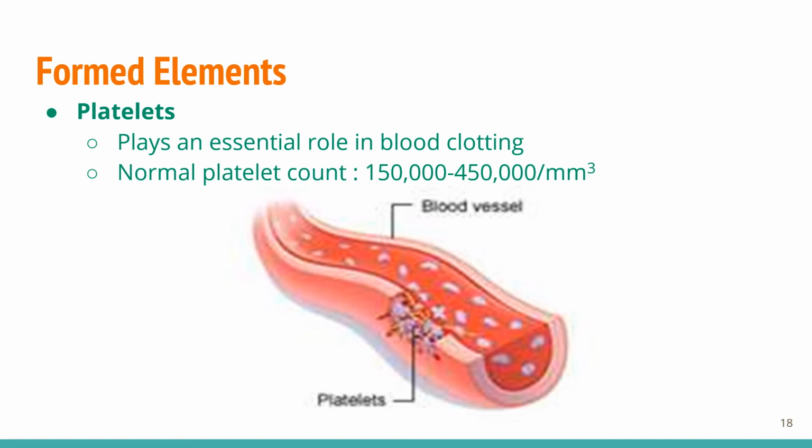Okay, so again, a normal platelet count is 150,000 to 450,000. You are going to hear that broken down to like, you know, they had a platelet count of 100. It doesn't mean just 100, it means 100,000.